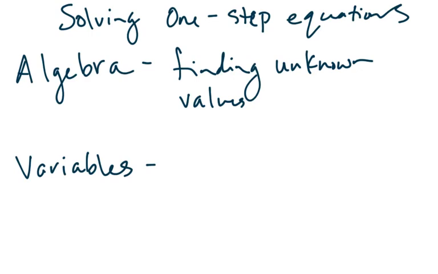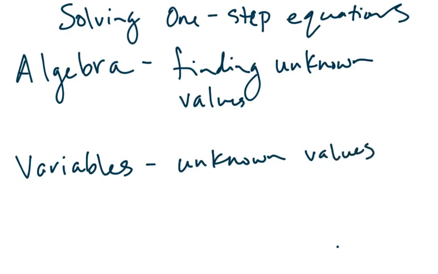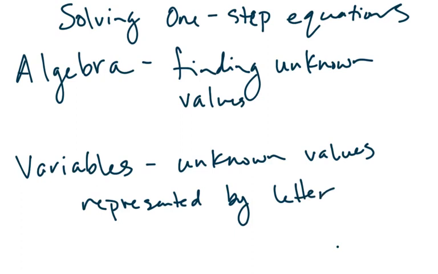And then variables, perfect segue, variables are unknown values represented by letters, right?